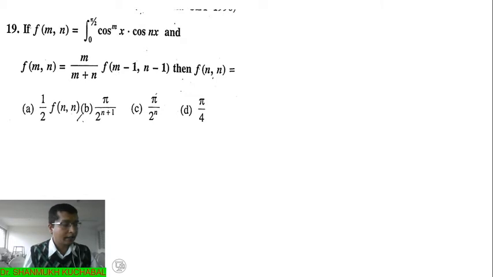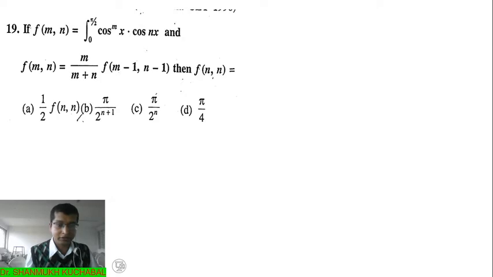Example number 19. If f of m comma n equals integration from 0 to pi by 2 of cos mx into cos nx, and f of m comma n equals m divided by m plus n times f of m minus 1, n minus 1, then f of n we have to calculate.